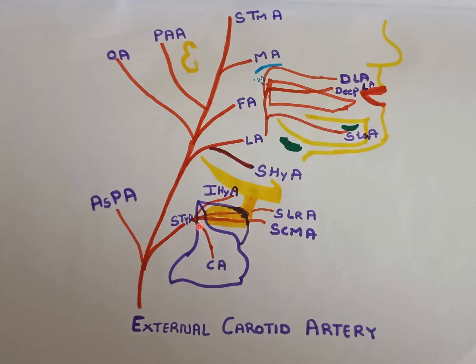It will supply some portion of the sternocleidomastoid muscle. And we also have cricothyroid artery, which is supplying the thyroid gland. So the superior thyroid artery is further divided into infrahyoid, superior laryngeal, sternocleidomastoid artery and cricothyroid artery.